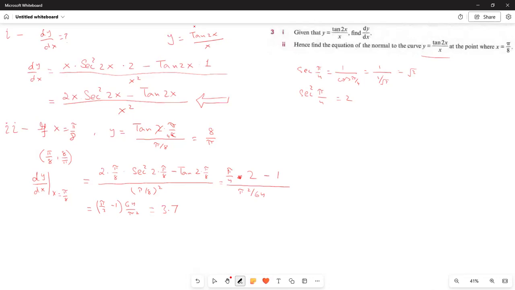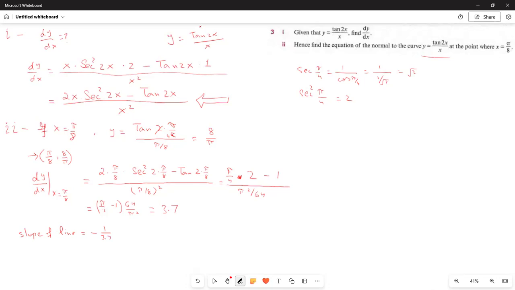That the slope of this curve at this particular point is given by 3.7. But we need to find the equation of a straight line which is normal to the curve. So the slope of a straight line is going to be the negative reciprocal of this thing. So slope of line is going to be negative 1 over 3.7.